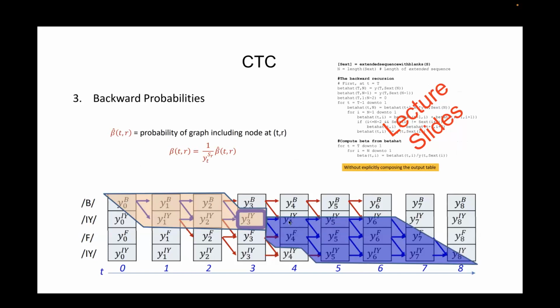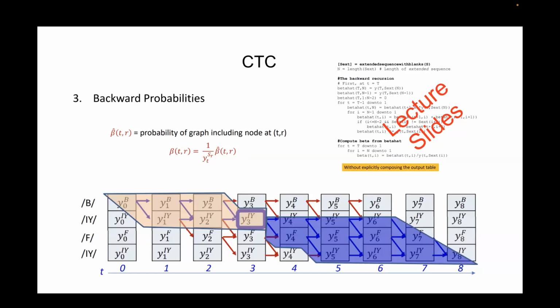So you calculate this in a bottom-up fashion, from the bottom right end, and you start moving upwards and reach this particular beta TR point. Again, you have the formula here, and the pseudocode for this you can find in the lecture slides. That should help you with the homework itself.